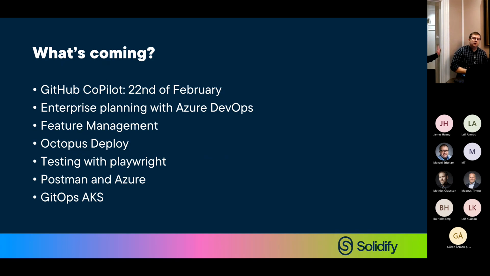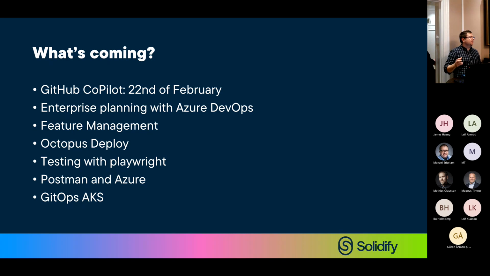Since there are no more questions, we have some reference on what's coming next. The next meetup is GitHub Copilot, 22nd of February. For the sessions afterwards we don't really have a date currently, but we plan to look at enterprise planning with Azure DevOps, feature management, and what's new in Octopus Deploy. Anyone using Octopus Deploy here?